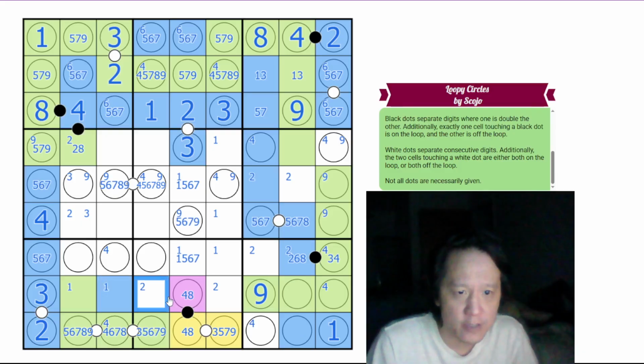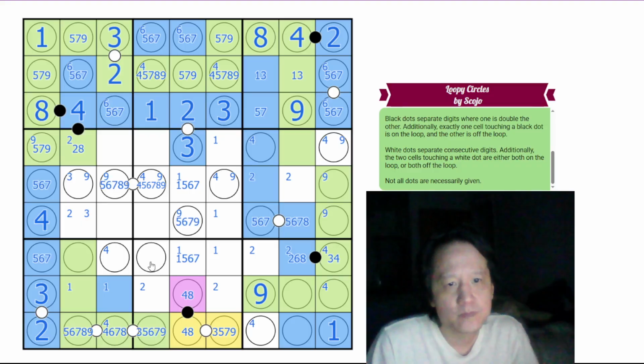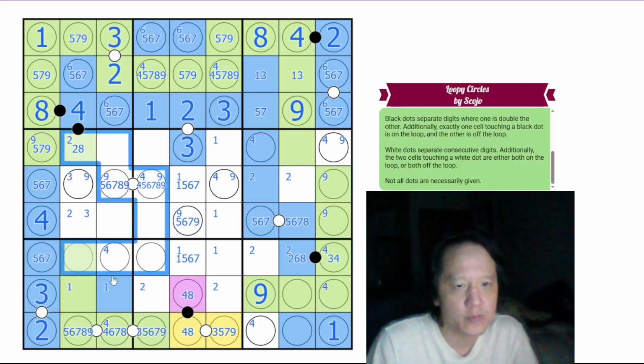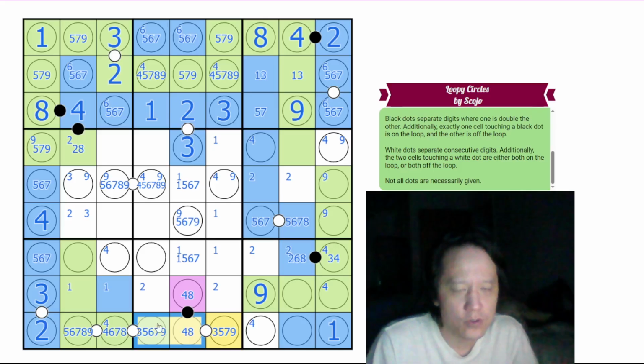This is not on the loop. This must go that way then. I guess this could still be on the loop, going that way. That's possible. So this goes either here or here. We're not sure. And then it goes there, if that's the case.